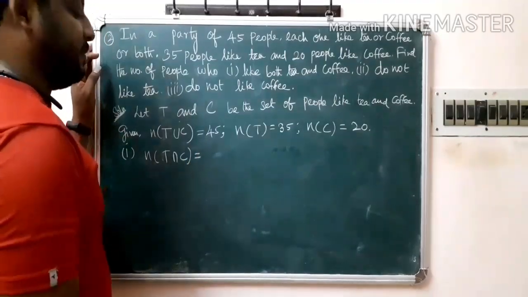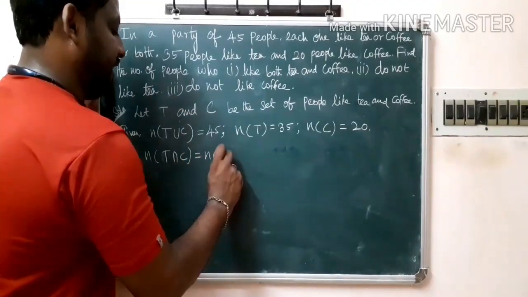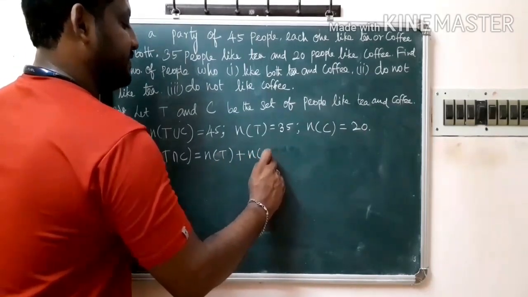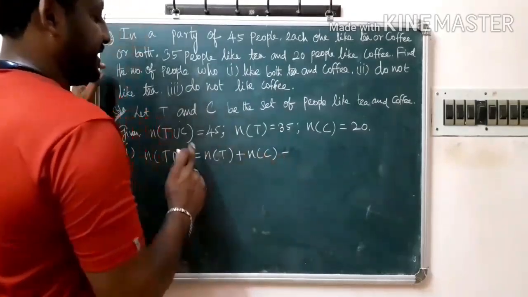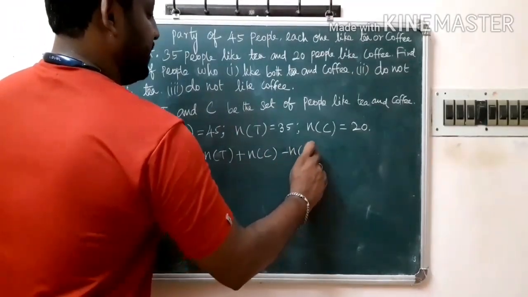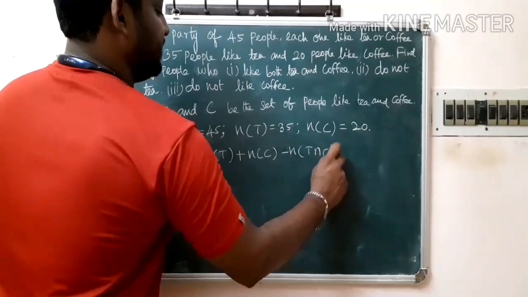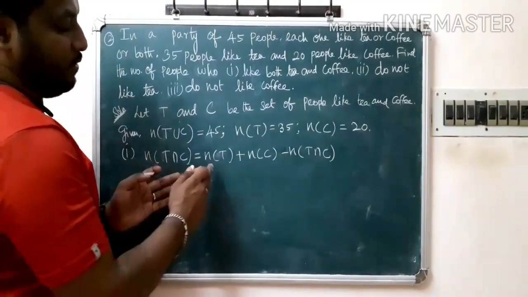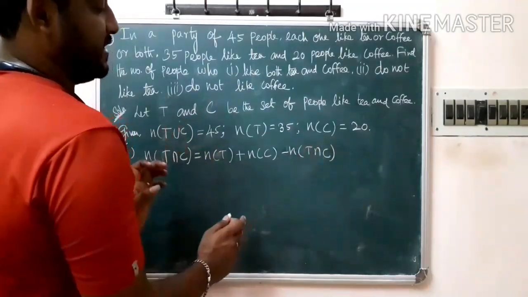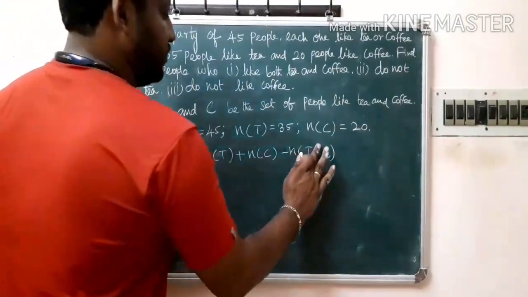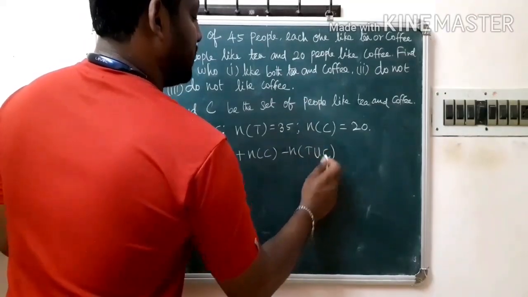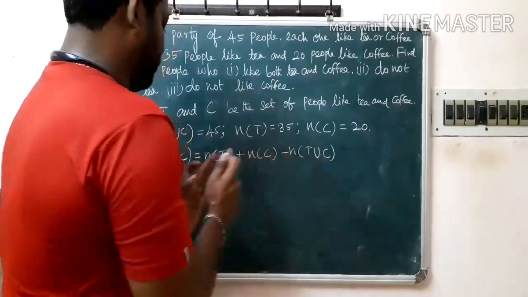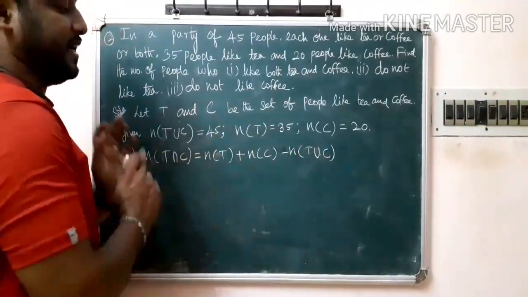N of T plus N of C minus the union part, N of T union C. You already know the formula: N of A union B is equal to N of A plus N of B minus N of A intersection B. Sorry, if you want to find the intersection, you have to subtract the union part. If you want to find the union, you have to subtract the intersection part.